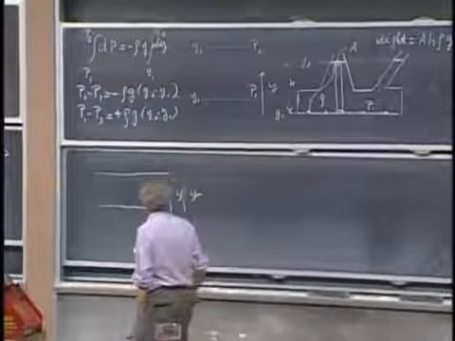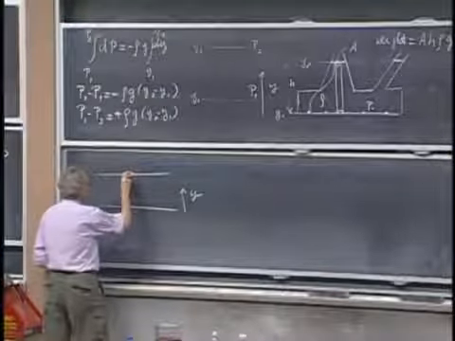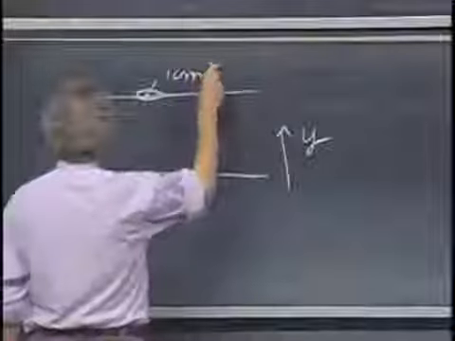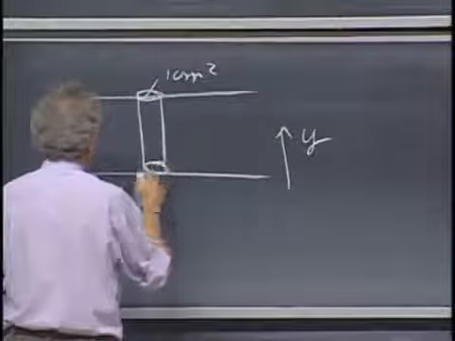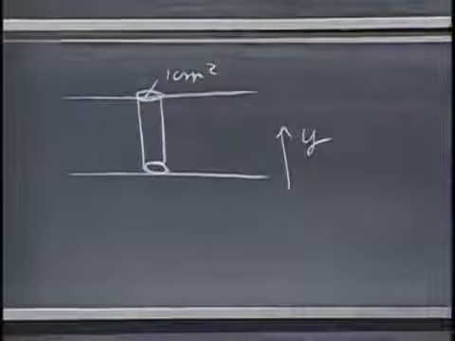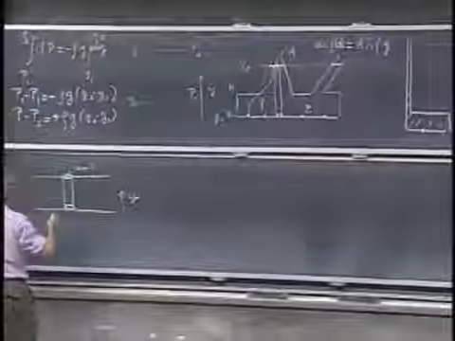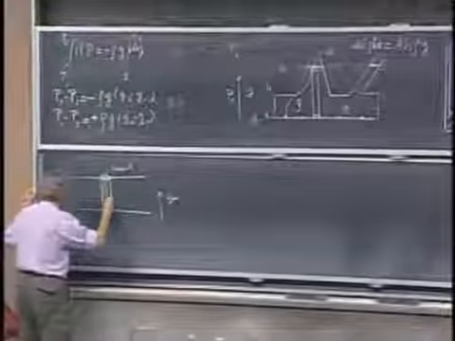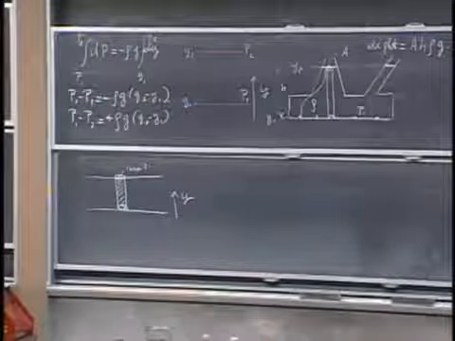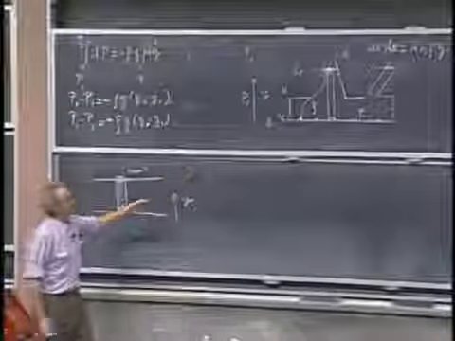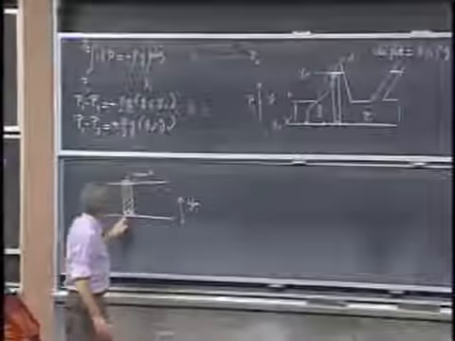But if I take a 1 square centimeter cylinder all the way to the top of the atmosphere, just like I did here in the liquid, I take a 1 square centimeter, I could have taken area A, and I weigh all this air, then I would get the right answer for the pressure here. Because that worked in the liquid, so it should work here.